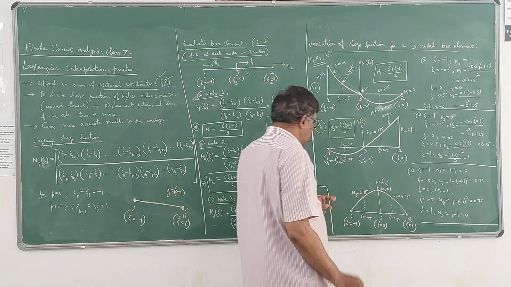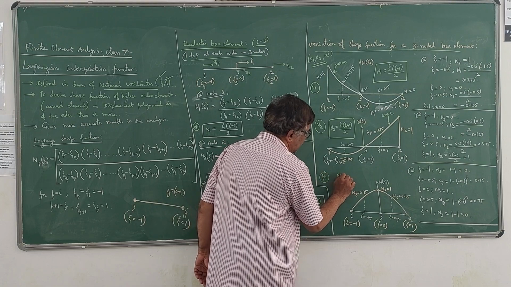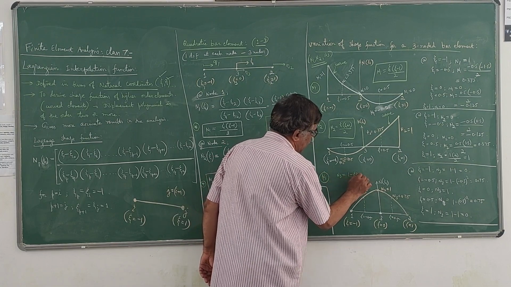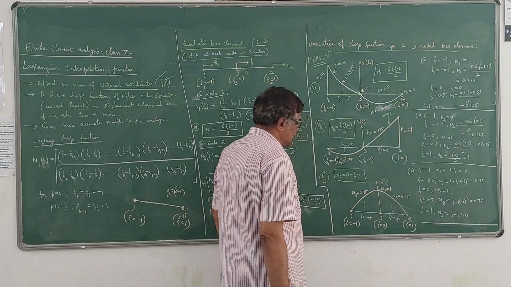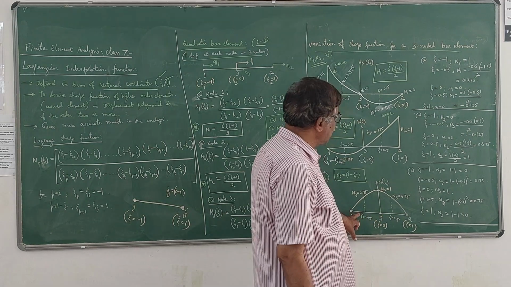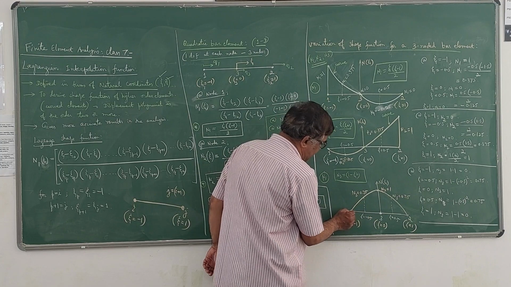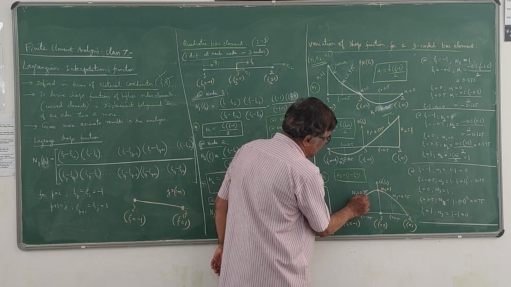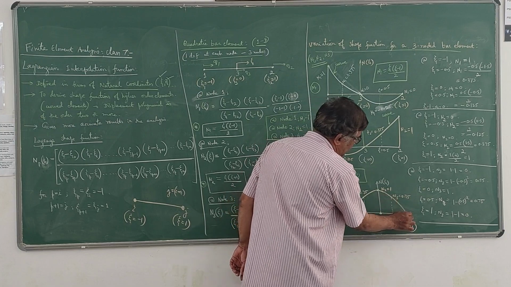And lastly, if you want to plot n3, the expression for n3 that we got is 1 minus zeta square. Of course, this is also a parabola. At these 5 points, if you substitute the values of zeta and get the corresponding values of n3, here it is 0, here it is 0.75, here it becomes 1, here also 0.75, and here 0.